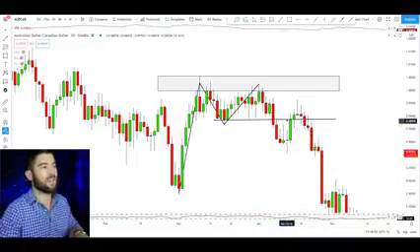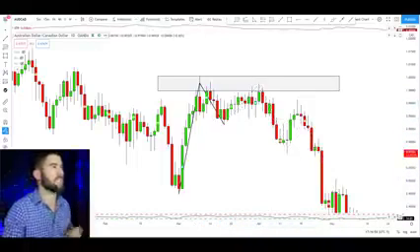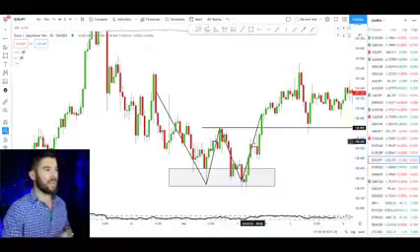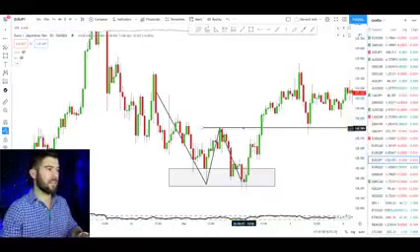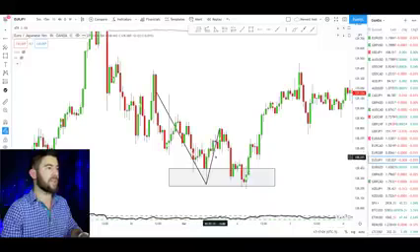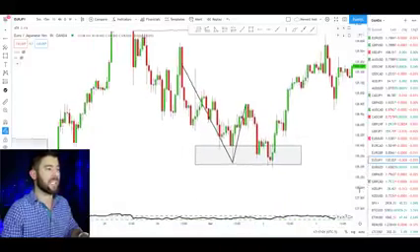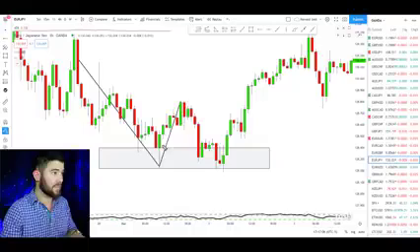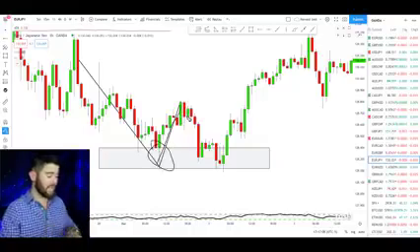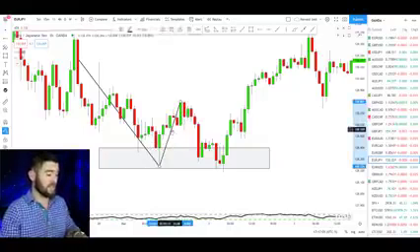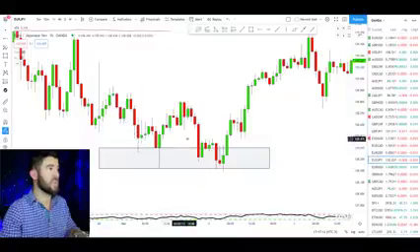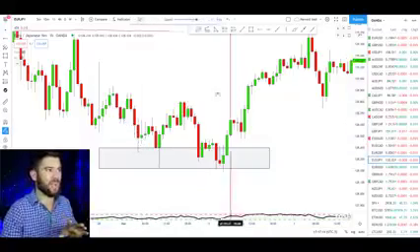So the objective rules I have for a double bottom, let's actually start there, is I need to see the first bottom and the pullback. At the point that I see this first bottom and a pullback, what I do is place a box. Let me make this way more easy. Hold on.